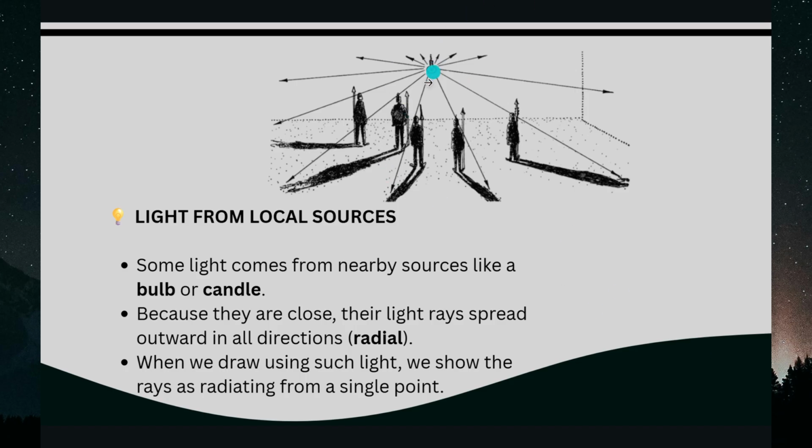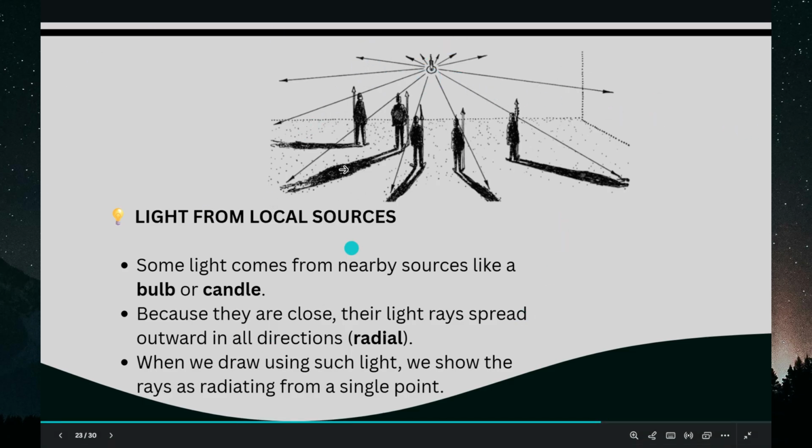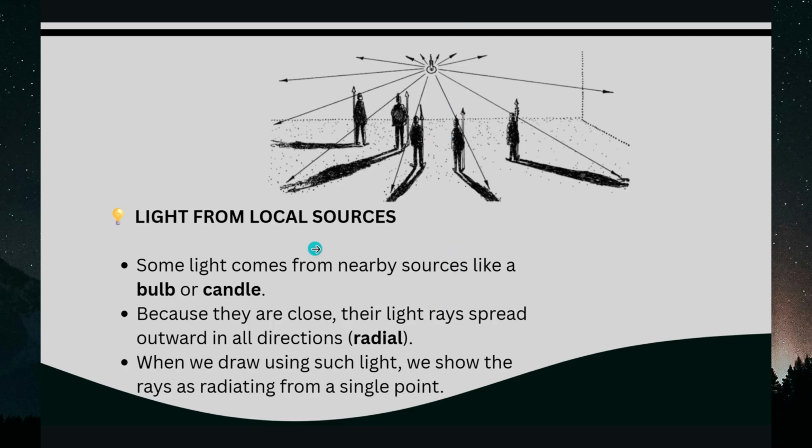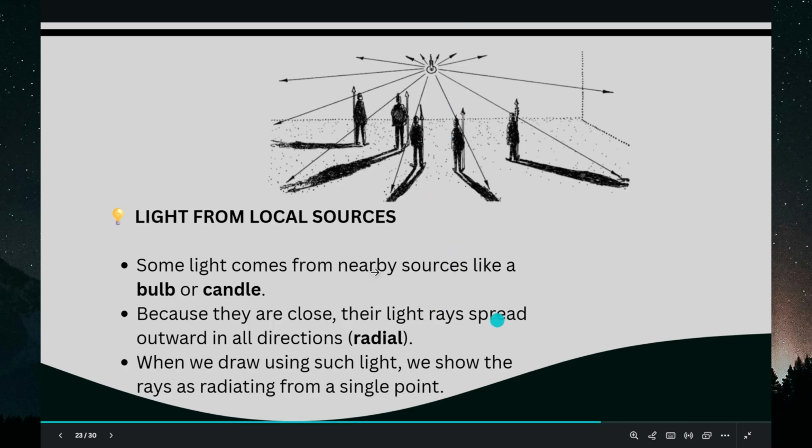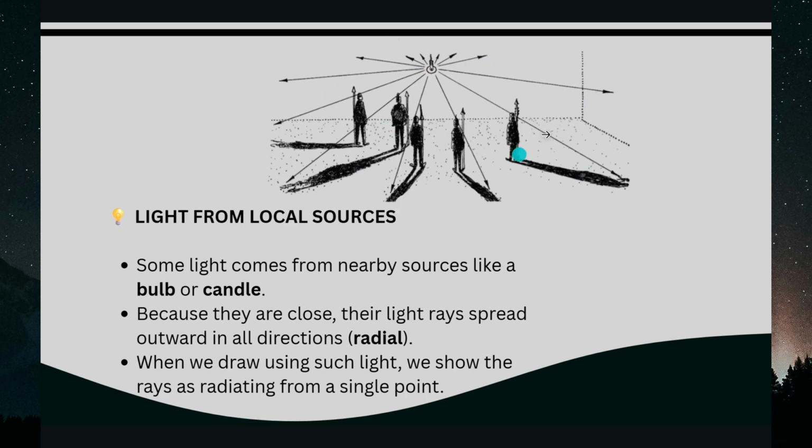This is the source of light, and the light rays are going in all directions, 360-degree, upside and the bottom side, right and the left, front and the back, all the directions. So that is called the radial. When we draw using such light, we show the rays as radiating from a single point, as you guys can see in this diagram clearly.